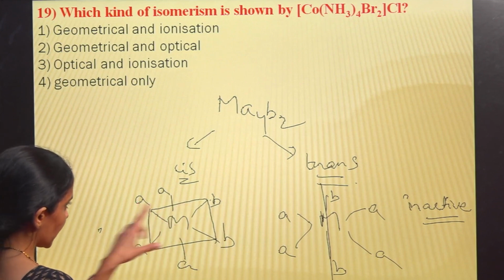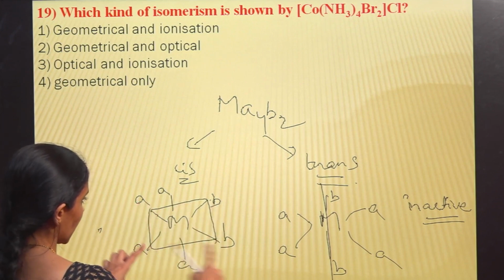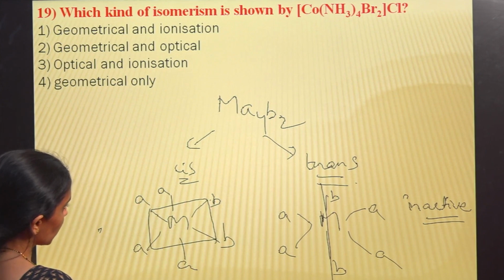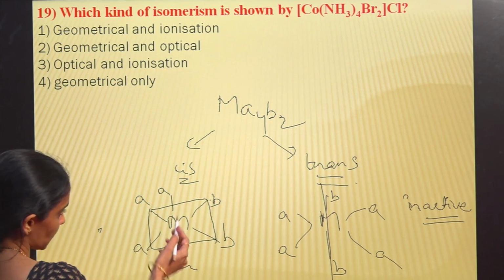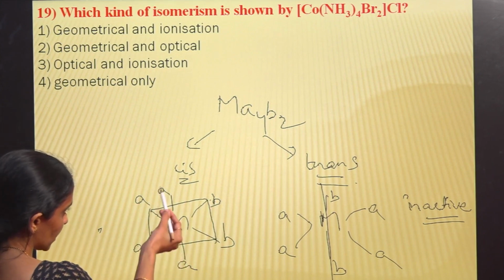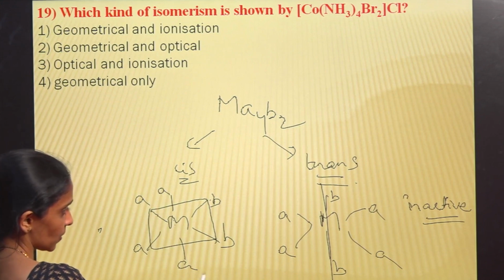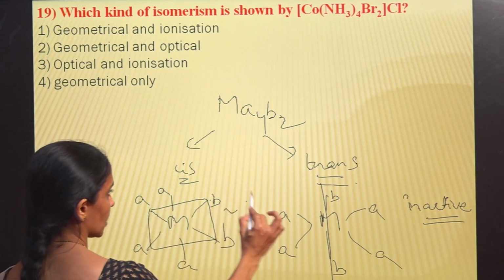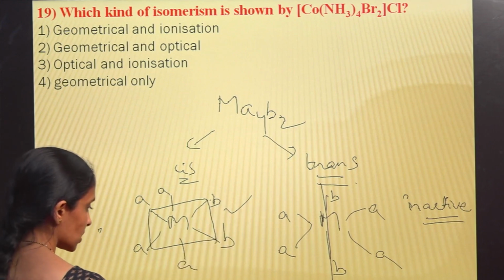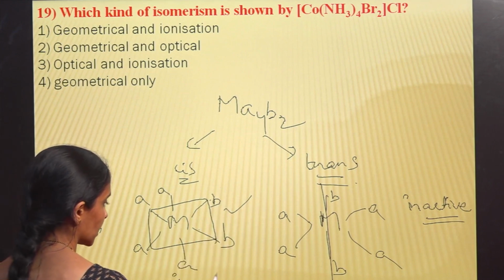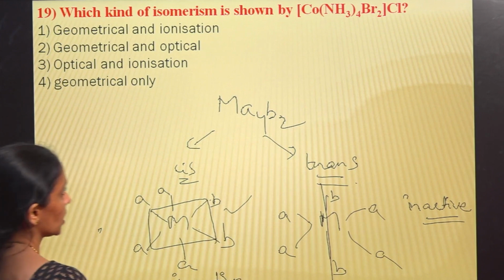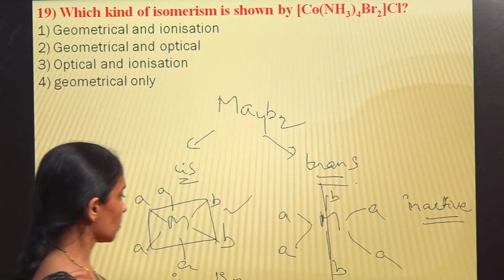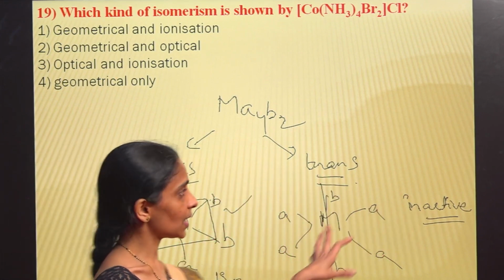This plane involving MABAB divides the molecule into two equal halves. One ligand A is above the plane, the other ligand A is below the plane. So here also there is a plane of symmetry, and therefore this molecule is optically inactive. Geometrical isomerism is there, but optical isomerism is not.